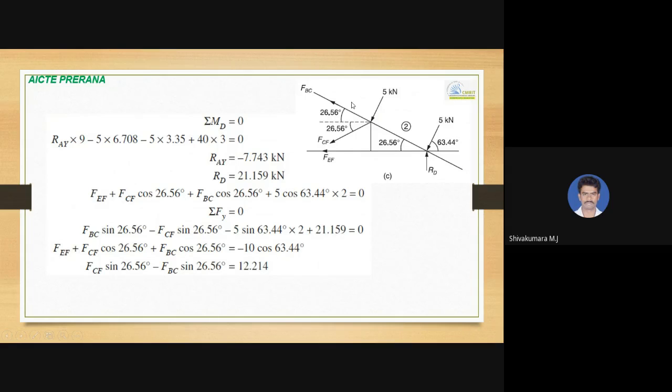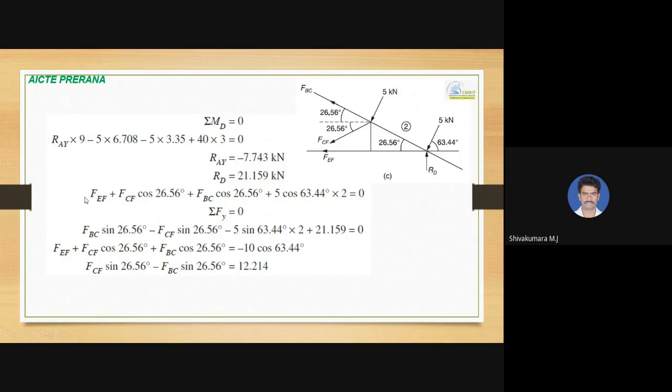Summation of Fx, summation of Fy, and summation of M about any point or joint can be used again. So here, in this first line, we have applied the condition of equilibrium, summation of horizontal forces equal to 0. That means FEF is horizontal.